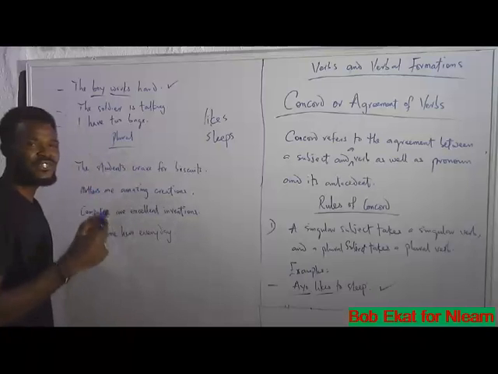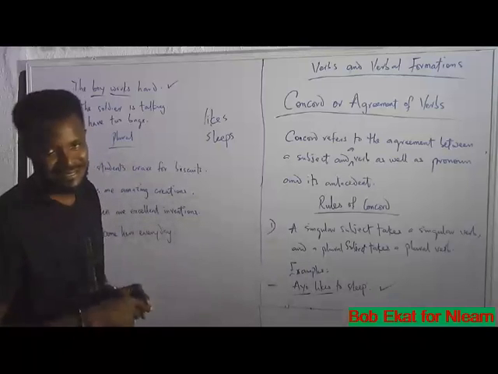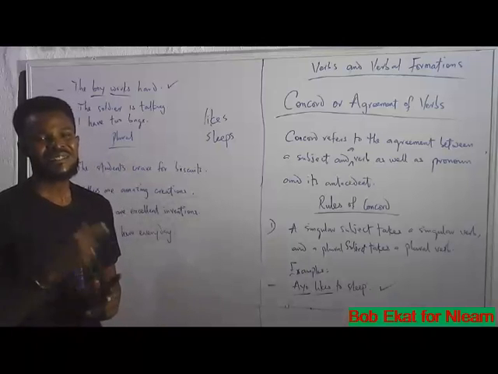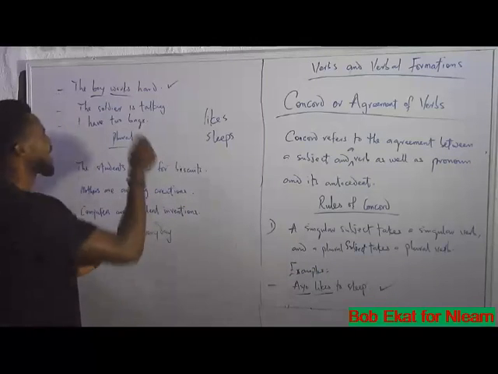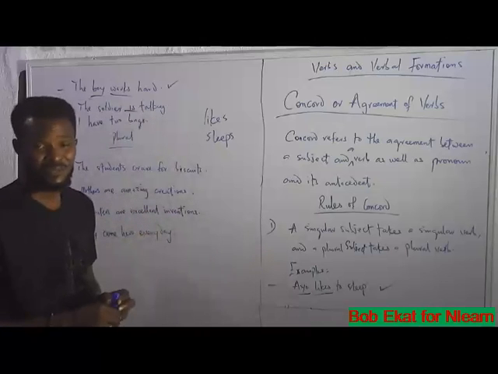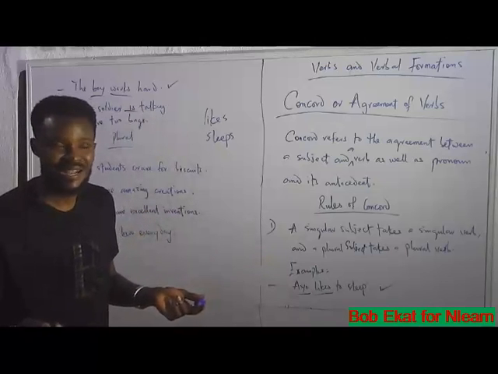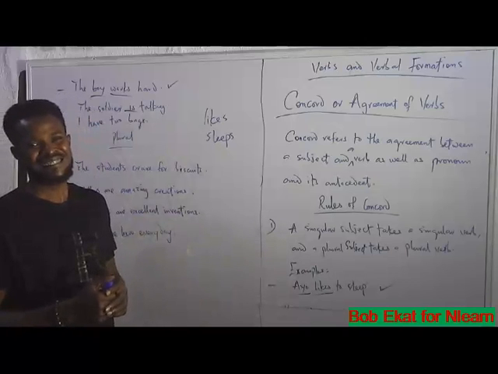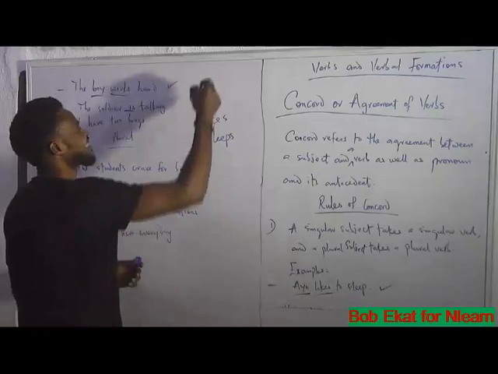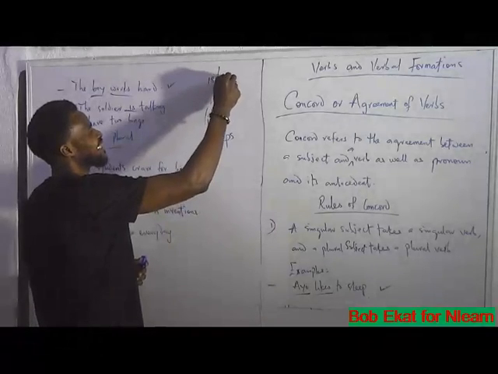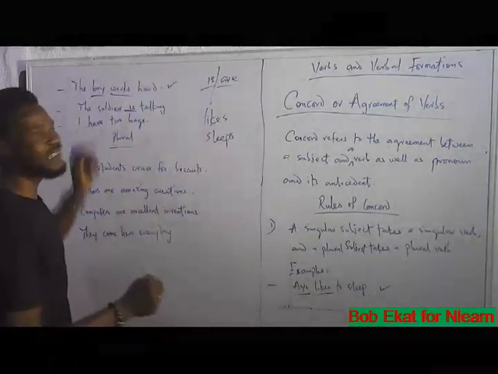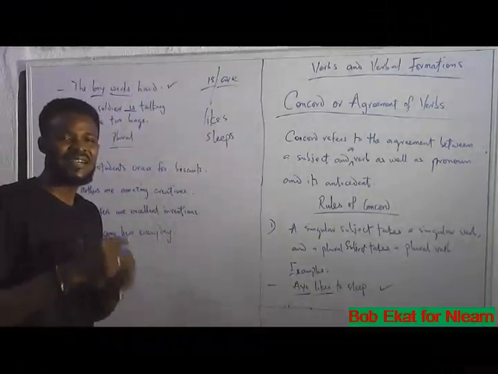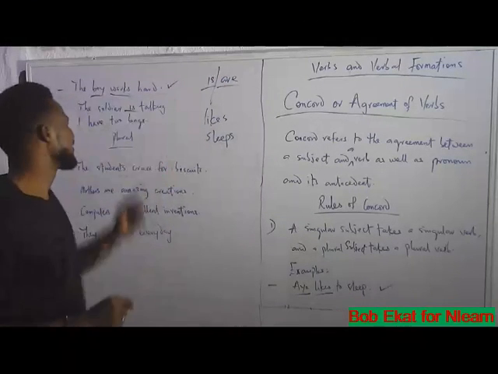Thirdly, the soldier is talking. Is here, of course, it's singular. What is the plural form of is? Is singular, are plural. So because soldier refers to one person, you accompany it with a singular is.